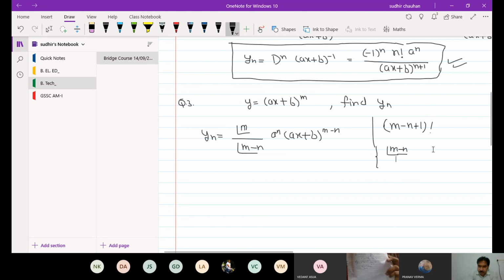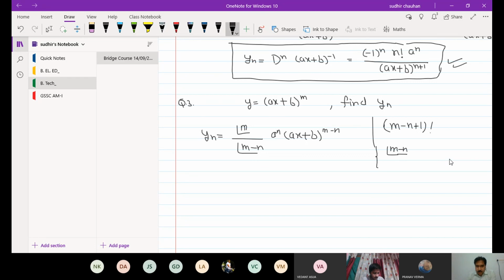Just a minute. Okay, it is not properly visible. No problem. You can do one thing. You differentiate it, then you can write yn.